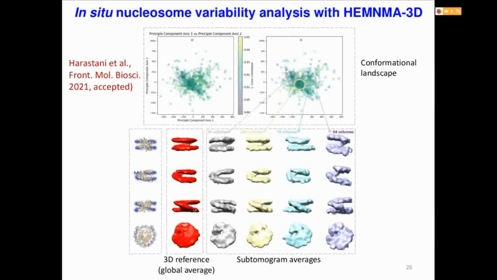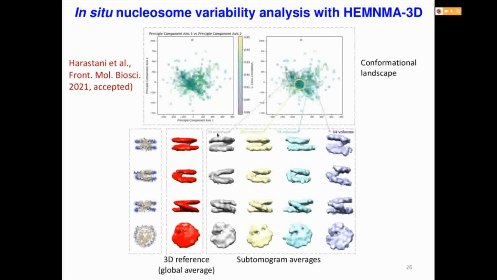This density was then used as the model, converted into pseudoatoms, and we reanalyzed these 650 subtomograms. Then we grouped the subtomograms in the most dense regions, and we obtained these average volumes. We have 4 of them, and here you see 4 different views of this complex.